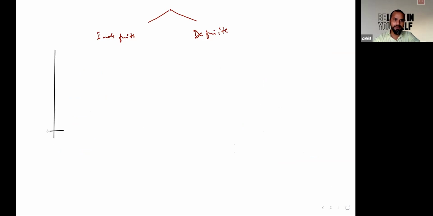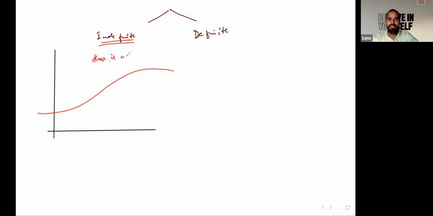Suppose there is a curve extending from minus infinity to plus infinity, with no limit defined for it. The integration for that is called indefinite integration. When there is no limit bounded to find the area of the curve, that integration is called indefinite integration.